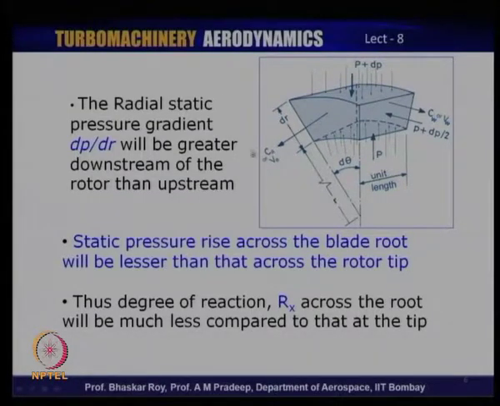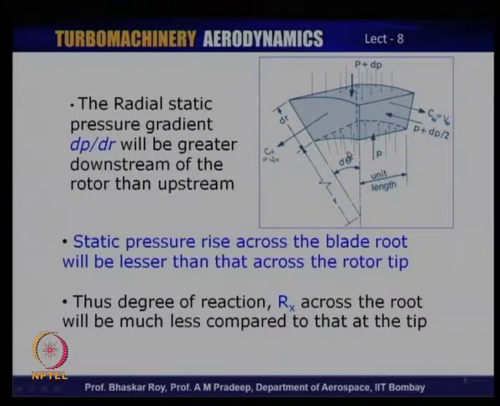So, that is what is set down here: the radial static pressure gradient dP/dr will be greater downstream of the rotor than upstream. As the rotor imparts energy into the fluid coming out of the rotor blade passage, CW would be higher, and that value of CW would need a greater dP/dr, or pressure gradient in the radial direction.